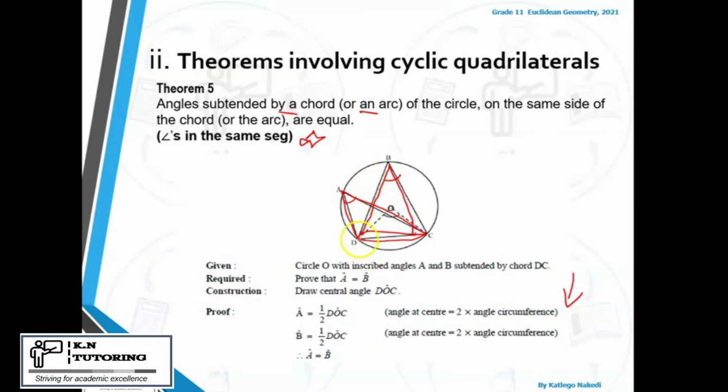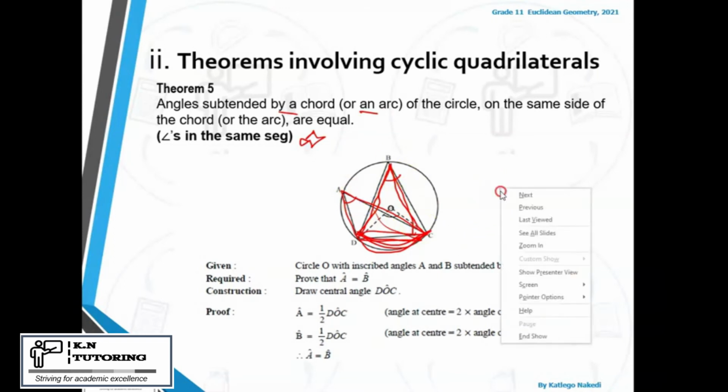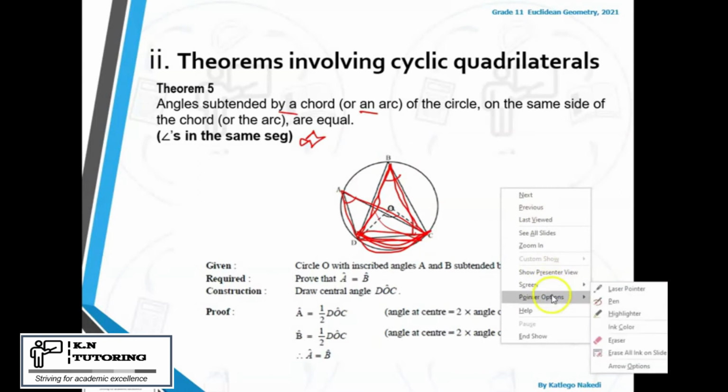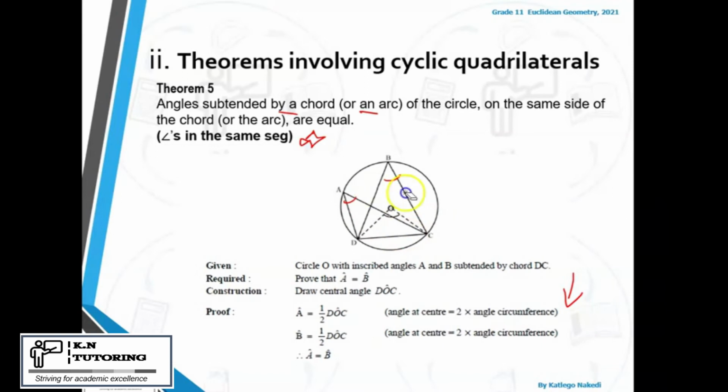Again, this arc subtends an angle there. The same arc subtends an angle there. Oh, this is a mess. Let me see if I can find an eraser so that you can see what's happening here.